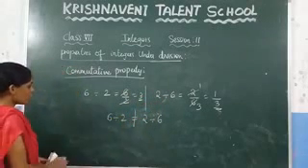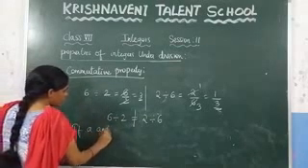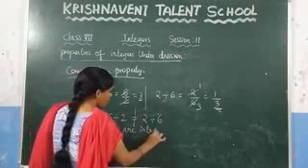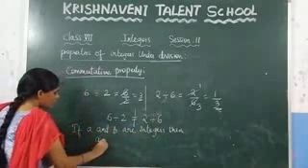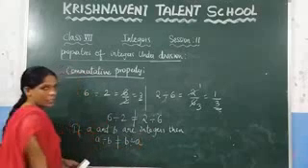From this we can conclude, write it here. If a and b are integers, then a divided by b is not equal to b divided by a.